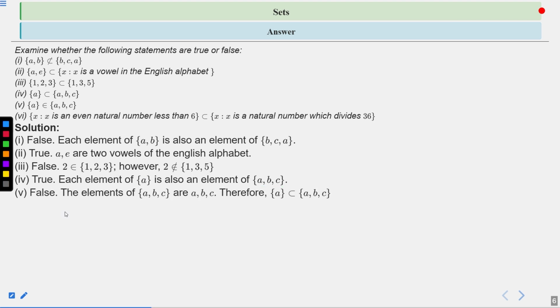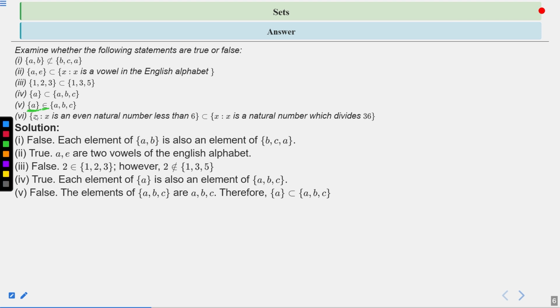Fifth one is false because we use the belongs to symbol, and if you recall, the belongs to symbol is only used when we are describing that this is an element of this set. Meaning here we are treating this as our element.